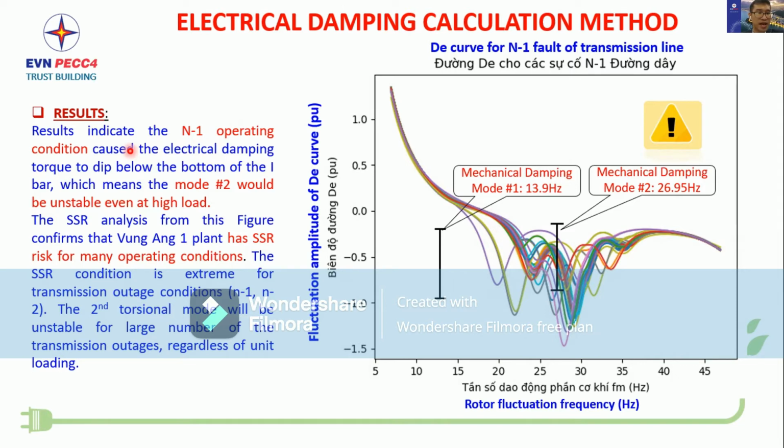The SSR analysis from this figure confirms that the Vũng Áng 1 plant has SSR risk for many operating conditions. The SSR condition is extreme for transmission outage conditions n-1 or n-2. The second torsional mode will be unstable for a large number of transmission outages, regardless of unit loading. So you can see here mode number 1 and mode number 2.